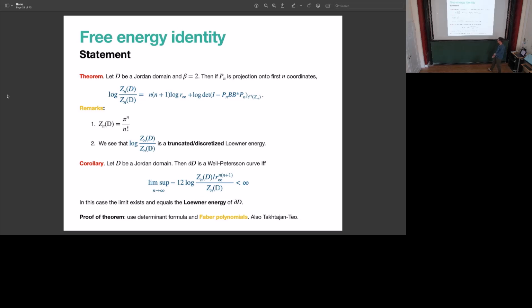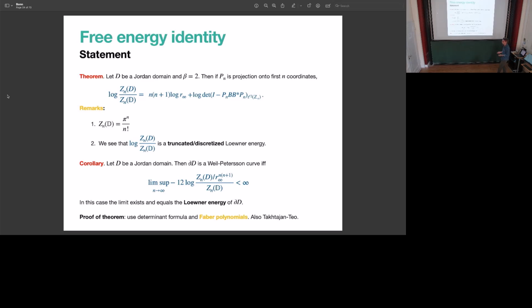So the idea is to use the determinant formula, and then you can do row and column operations and change to use other polynomials instead of the monomials that we had in the formula. You could, for instance, use orthogonal polynomials for your domain. But the problem is that we don't know anything about orthogonal polynomials for a given domain in general.